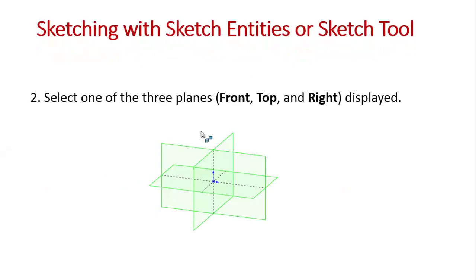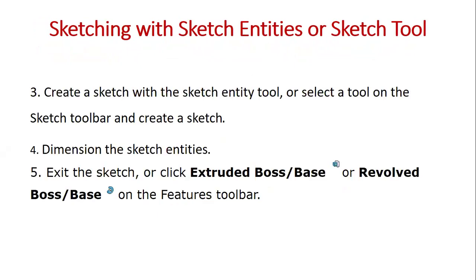After getting into the sketcher window, we have to select the plane, the orientation plane in which we are going to perform the 2D drawing operation, either front plane, top plane, or right plane. After selecting the corresponding plane and its direction, draw the proposed sketch that a designer wishes to create with the help of the sketch entity tool.